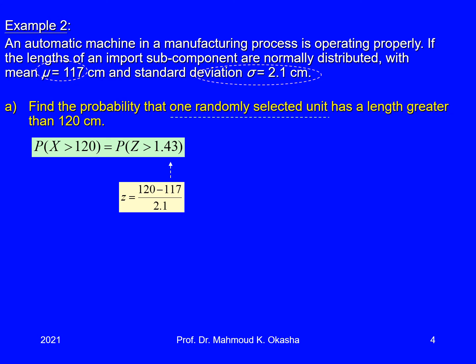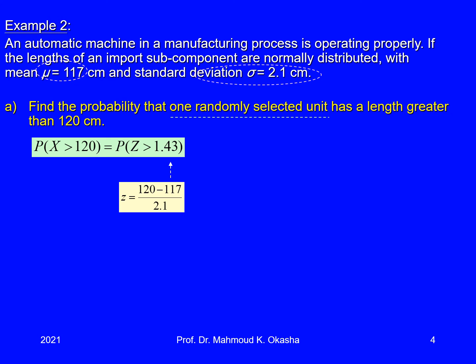So, in symbols, we say the probability that X is greater than 120, and to be able to calculate this probability, we have to use the Z transformation. So we transfer from X to Z, and in order to do that, we subtract the mean and divide the result by the standard deviation.